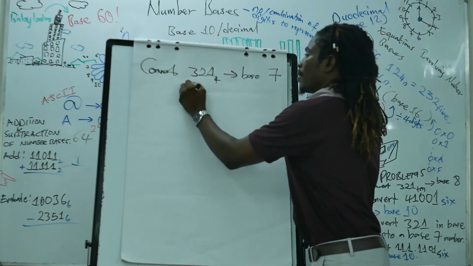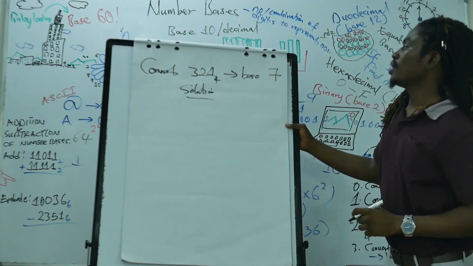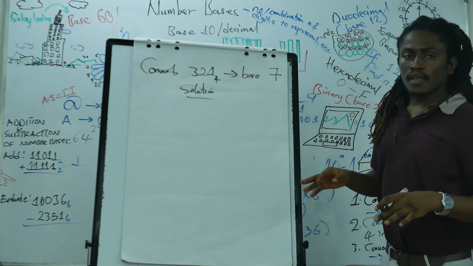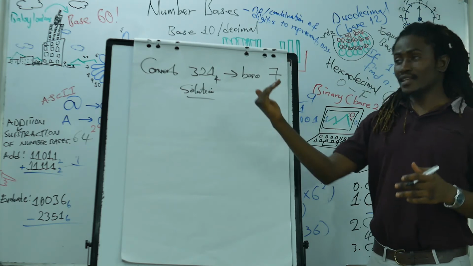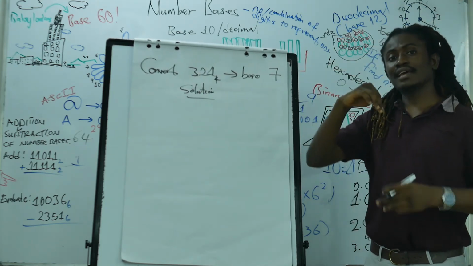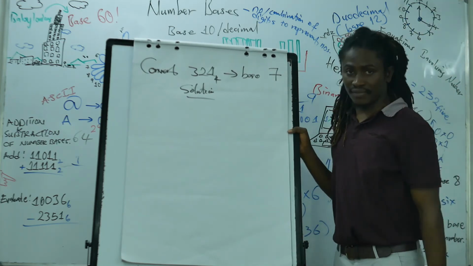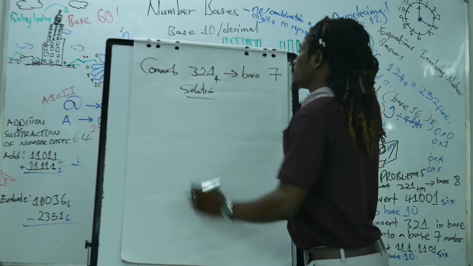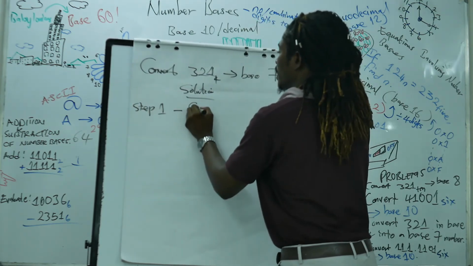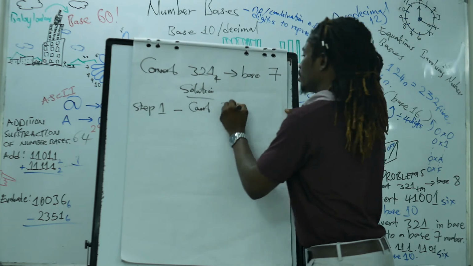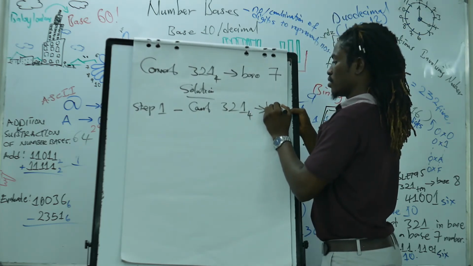Now, how do we go about this? We will first convert this number to base 10, and this number represented in base 10 is what we will convert to base 7. Okay? So, step 1, we say convert 321 base 4 to base 10.